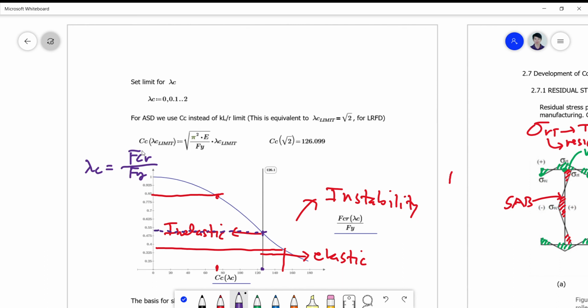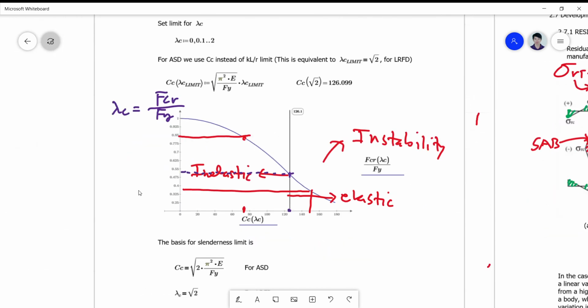Okay, so how do I solve for Fcr now? I simply equate 0.50 times Fy, that's my Fcr. Okay, so that's how this graph works, relating your lambda sub c with that of your C sub c limit.